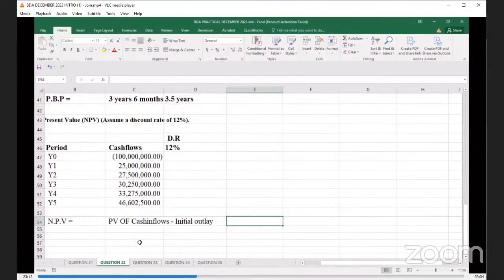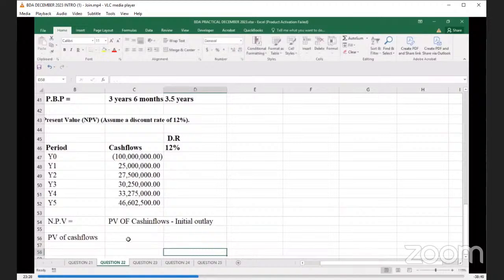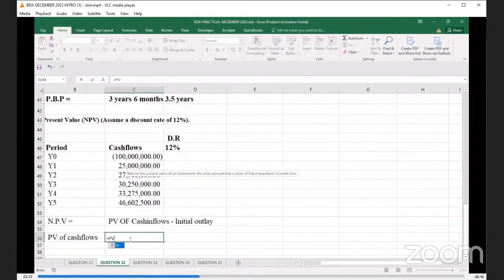So how do you work this one out very easily? This will be very simple. My present value of cash flows, I'm just going to have equals PV, where in this case my rate is 12%.